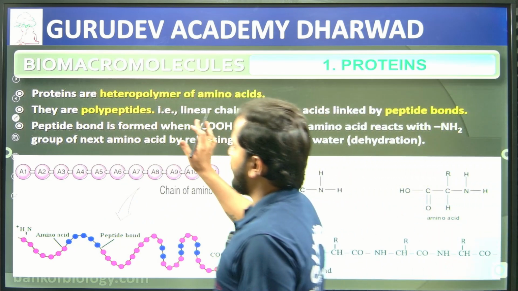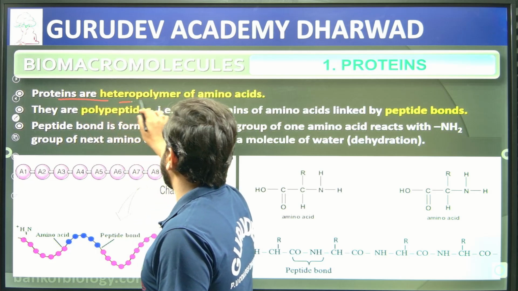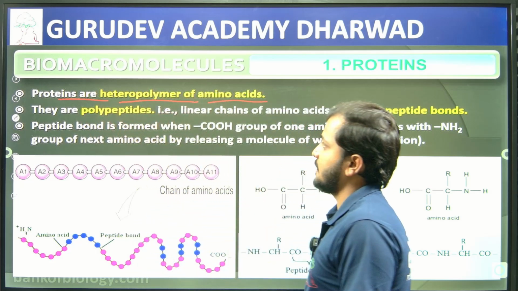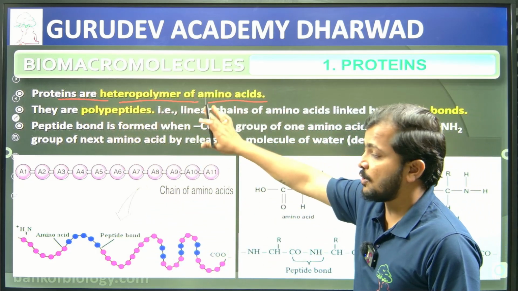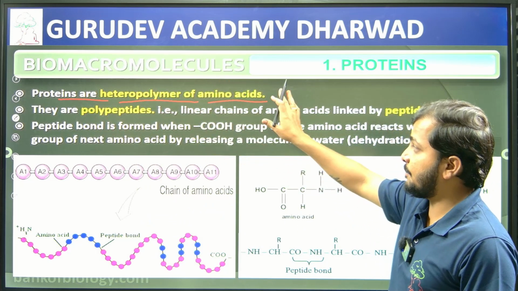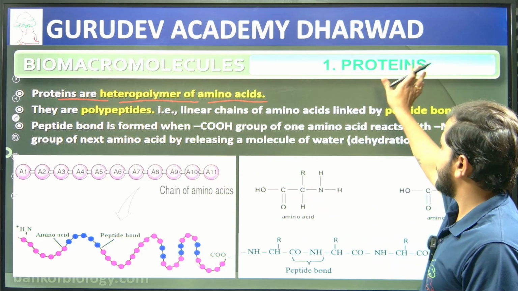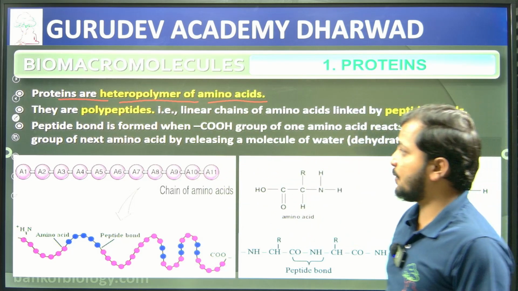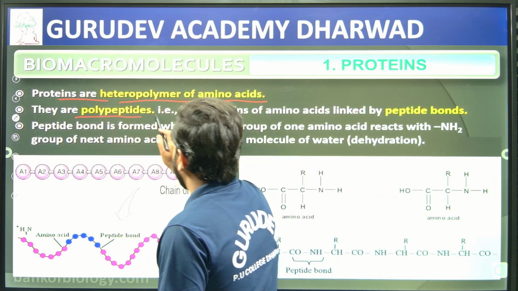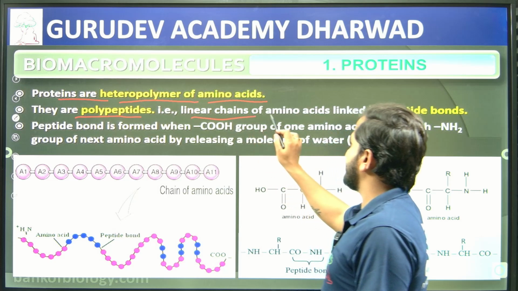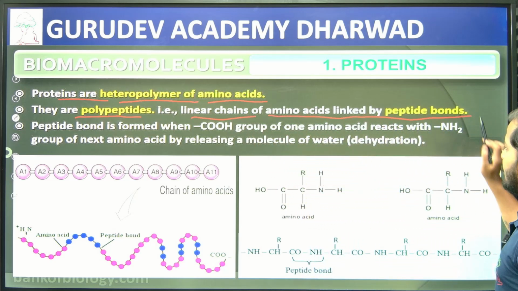So proteins are heteropolymers of amino acids. You should remember this also. A heteropolymer is nothing but a polypeptide chain of amino acids, which is related to protein. So they are polypeptides, right? Linear chains of amino acids linked by peptide bonds.